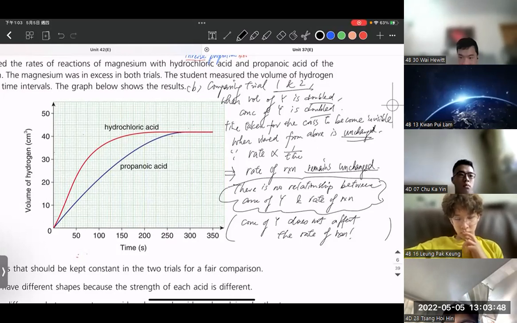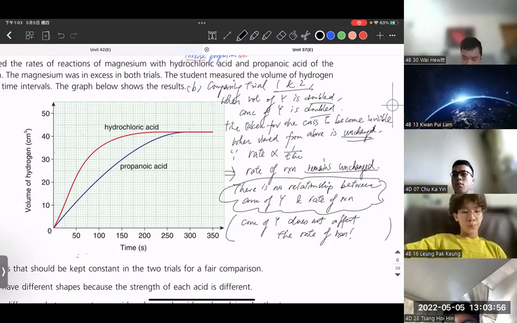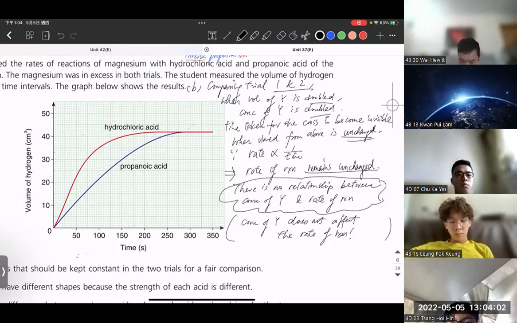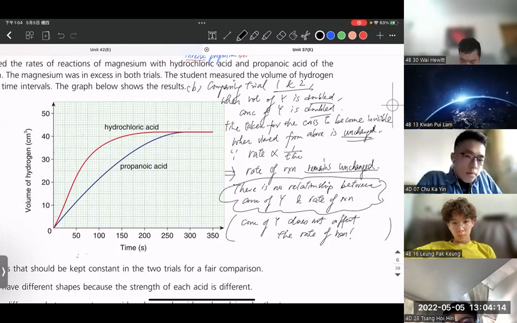But of course, during the whole progress, you just make a guess. You think that this may affect or that may affect, but I don't know what effect it would bring. Can you get my point? So that's why they would use the fair test concept, to rule out and come up with the conclusion whether or not there is an effect. If there is an effect, what is the effect like? Can you get my point?